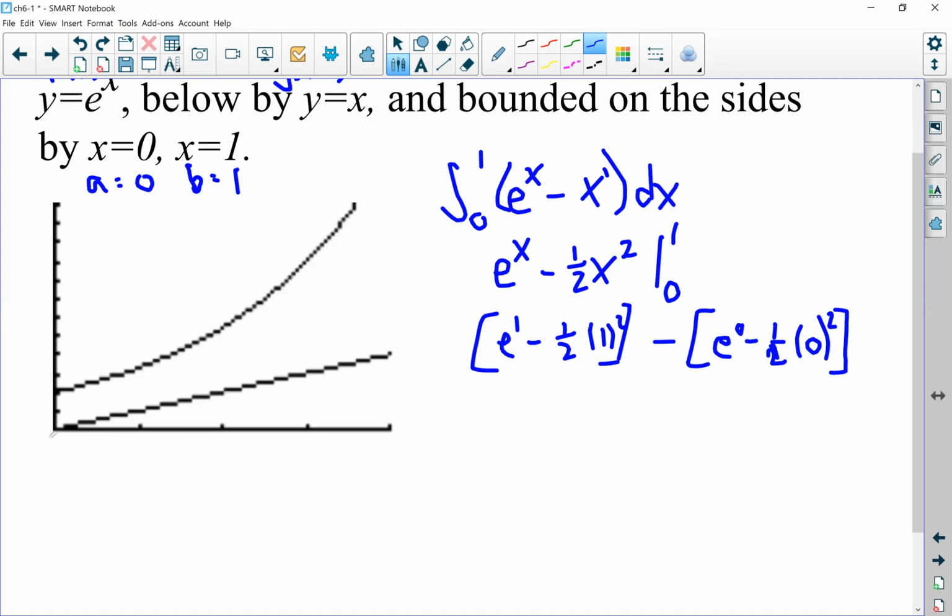So e to the first minus 1/2. e to the 0, that's 1. And 1/2 times 0 squared is still 0. So that's okay.